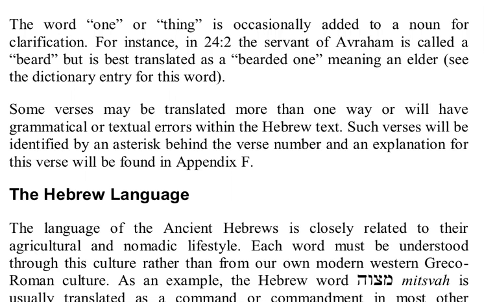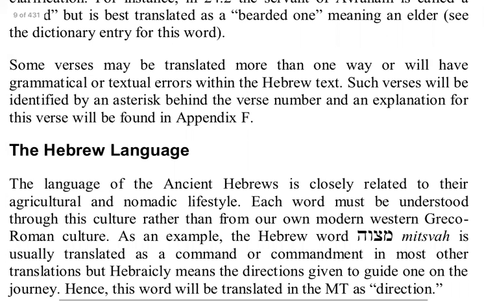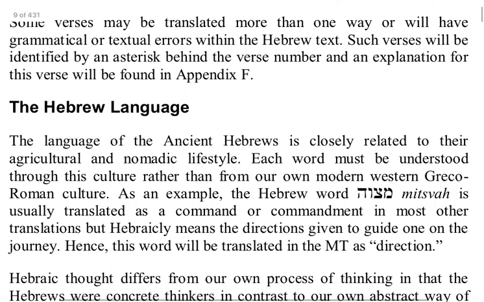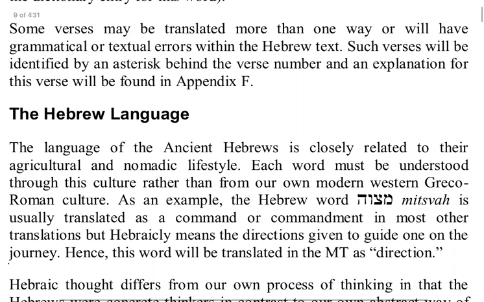For instance, in Bereshit 24:2, the servant of Abraham is called a zaken, but it's best translated as a bearded one, meaning an elder. See the dictionary entry for this word. Some verses may be translated more than one way or will have grammatical or textual errors within the Hebrew text. Such verses will be identified by an asterisk behind the verse number, and an explanation for this verse will be found in Appendix F.